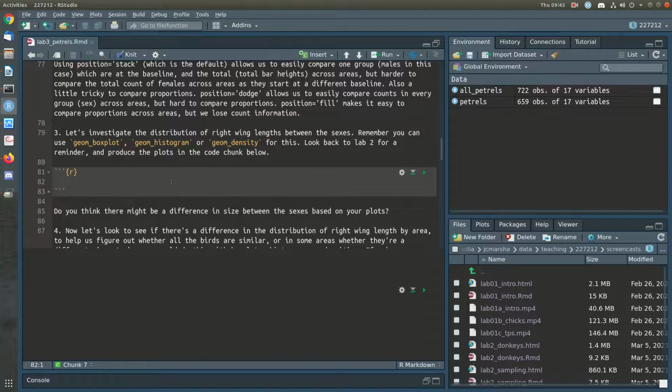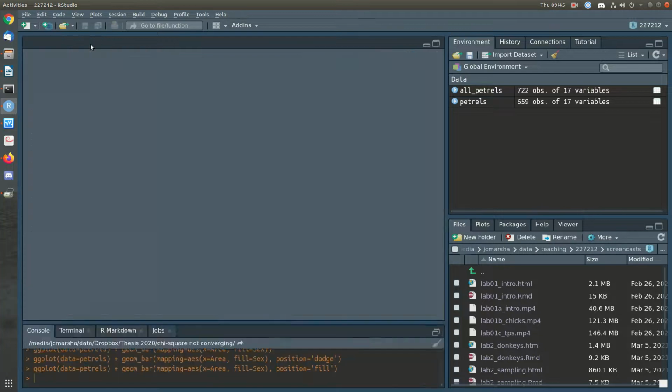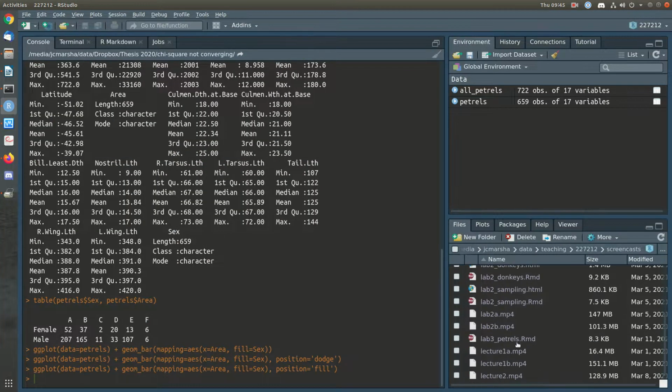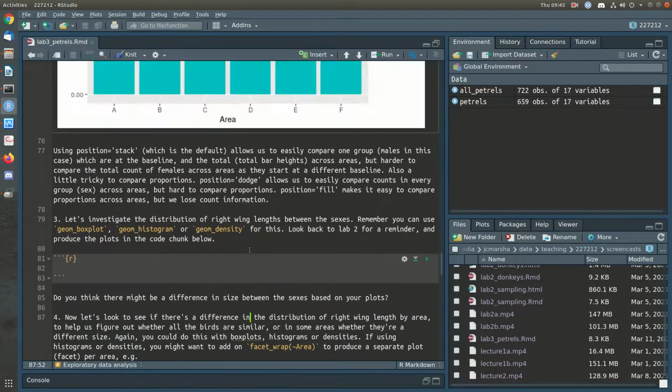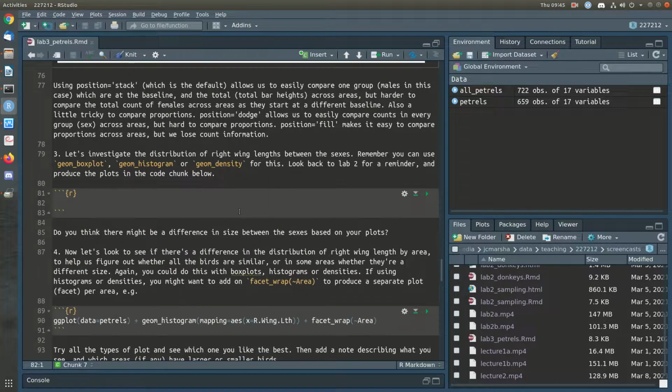So let's investigate the distribution of right wing lengths between the sexes. I'm just going to maybe close that document down and reopen it, just because it's doing something odd with the window there. So you remember that we could look back to Lab 2 for how to do this. So we want the distribution of right wing lengths, and we could use a variety of different things.